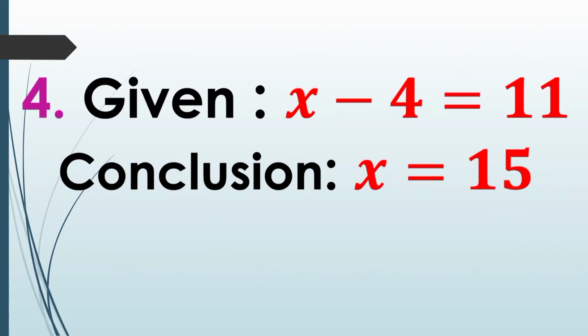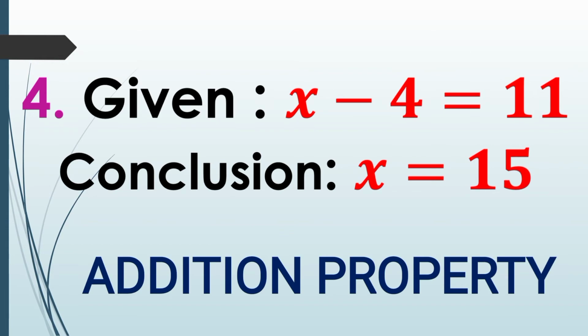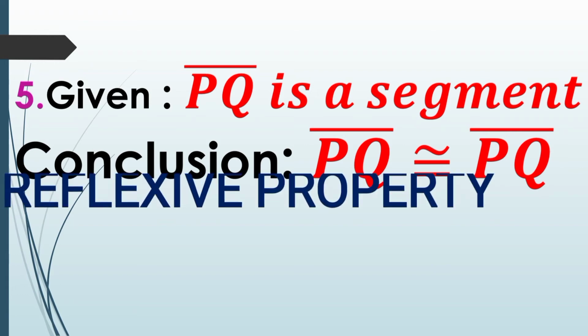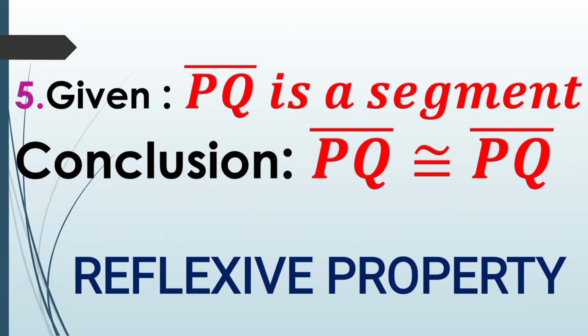Fourth example, given x minus 4 is equal to 11, the conclusion is x equals 15 by addition property of equality. Fifth example, given segment PQ is a segment, conclusion, segment PQ is congruent to segment PQ. The property is reflexive property of congruence.